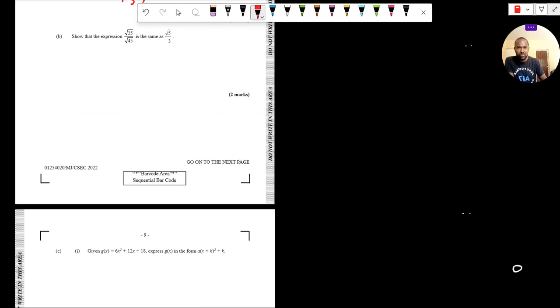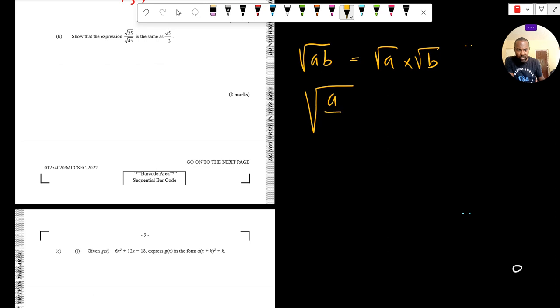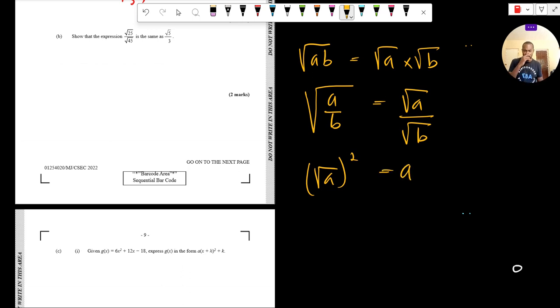Root AB is the same thing as root A times root B, root of A over B equals root A over root B, and of course root A squared is simply equal to A. Occasionally we may need to do what is called rationalizing the denominator of a surd. Surds are generally irrational numbers, and so rationalizing the denominator means to make it a rational number.